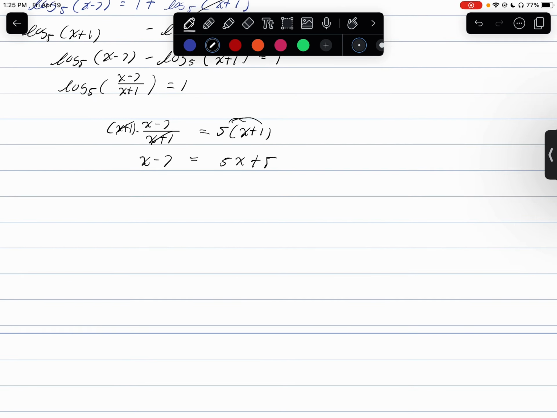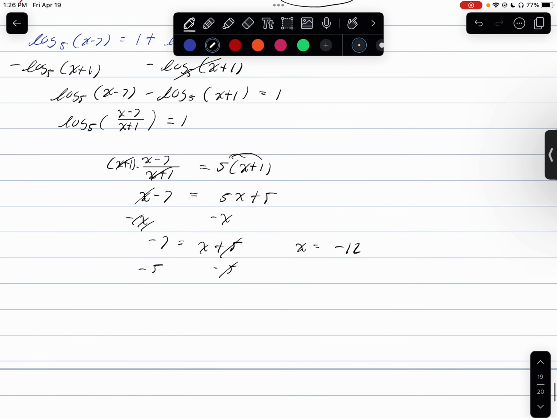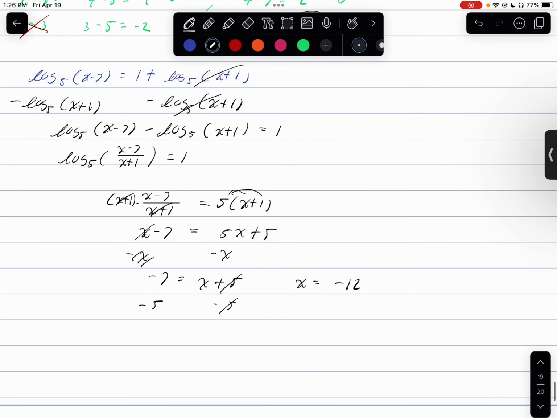The only problem we have here, though, is that if we plug in x equals -12 right here, we'll have -12 minus 7. That's obviously going to be a negative number. So actually, this is not going to work. And that was our only possible solution. Since we've excluded that one, we have to say there is no solution.